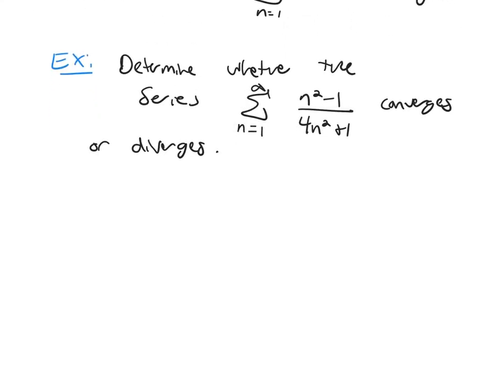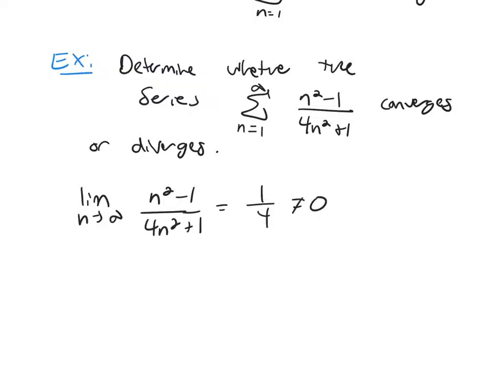So if I take the limit of the terms n squared minus 1 over 4n squared plus 1, the numerator and denominator have the same degree, so it's the ratio of the coefficients, it's 1/4, which is not 0, so this series diverges by the divergence test.